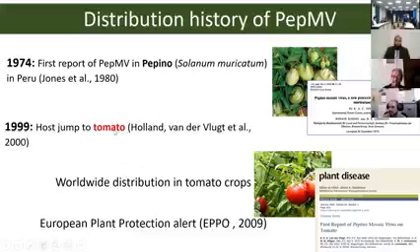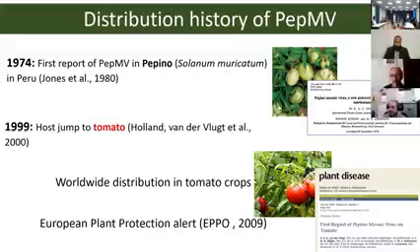So the first report was from Holland in 1999. And now, what is very interesting, the virus has a worldwide distribution in tomato crops. And this is because, again, of seed transmission.